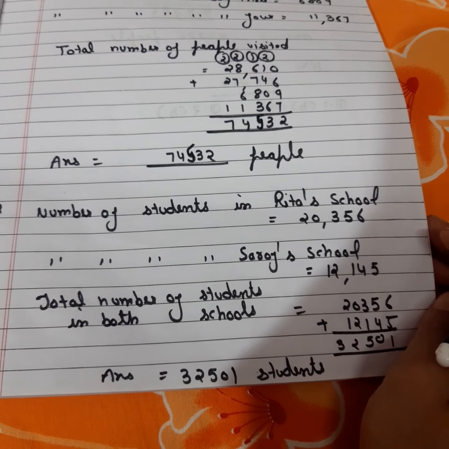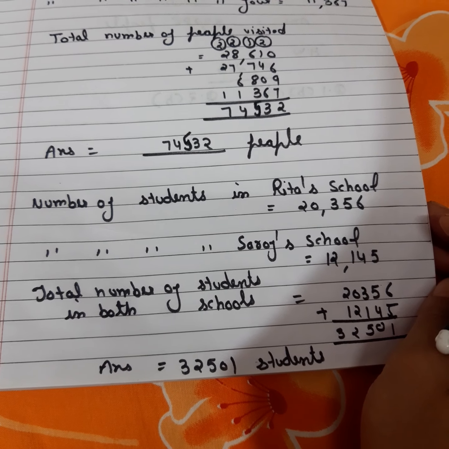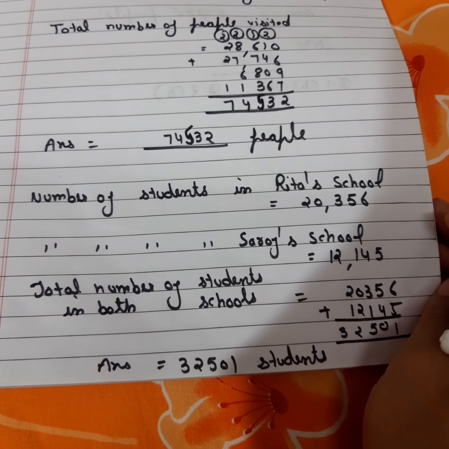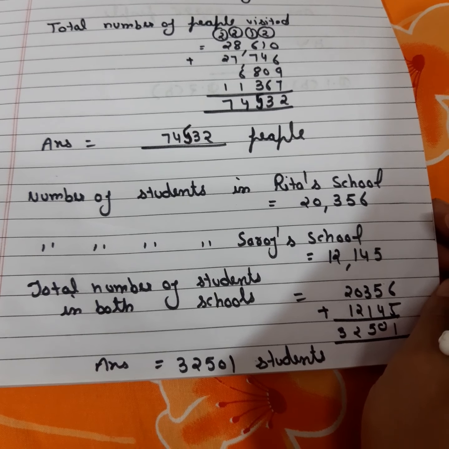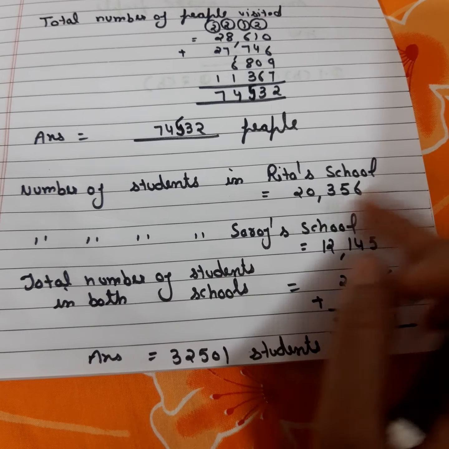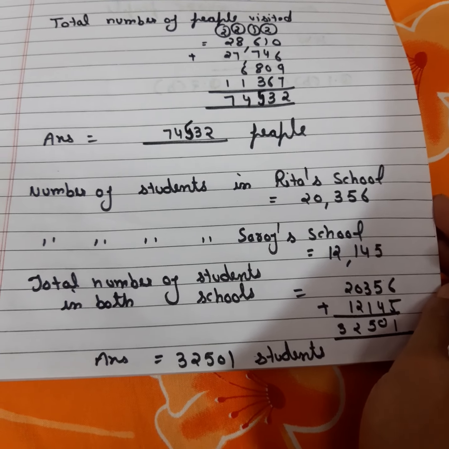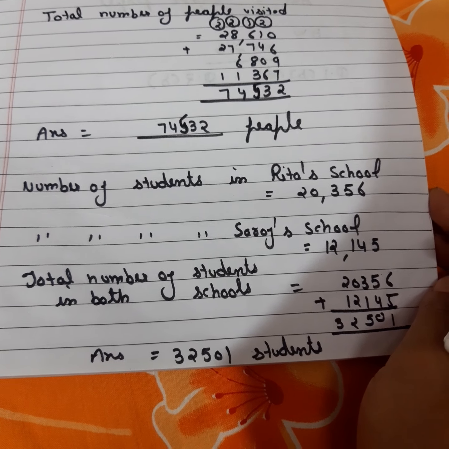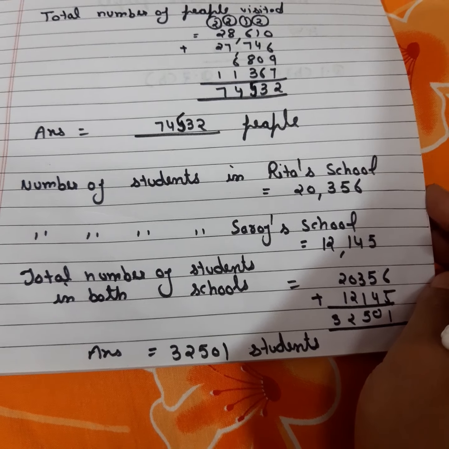So if you read the statement of the question from your book, you will be confused what is the use of the distance here, because we are just calculating the total number of students in both the schools, so we are not bothering about the distance.